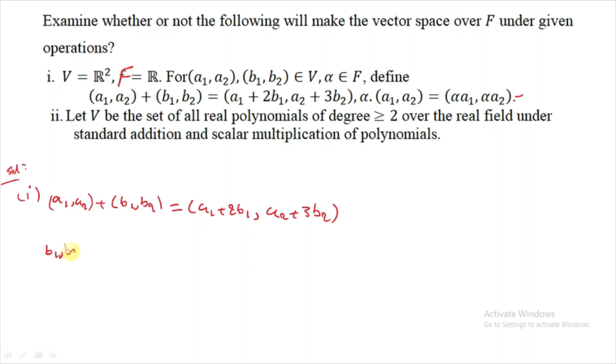You can check B1 B2 plus A1 A2. The first element is B1 plus 2A1, where in B1's place is A1, so 2A1. Next, A2 plus, B2 is there, B2 plus 3A2. These are not equal. See, observe here, these are not equal.